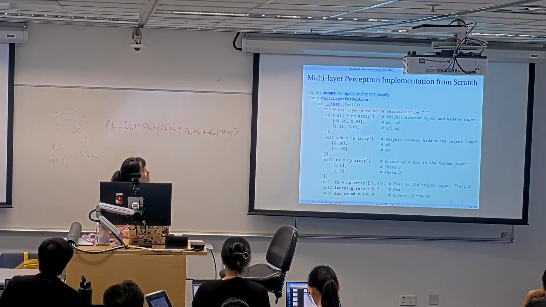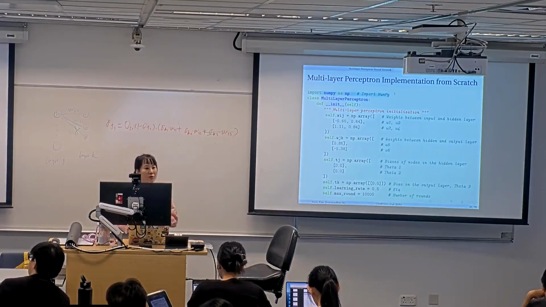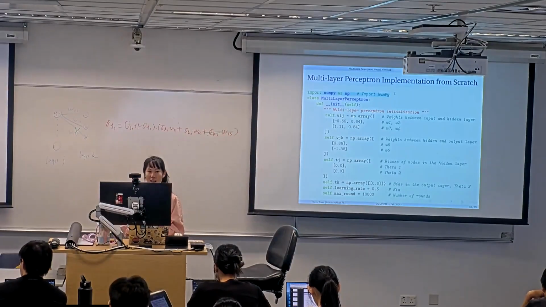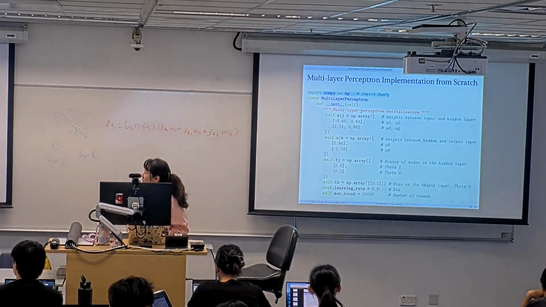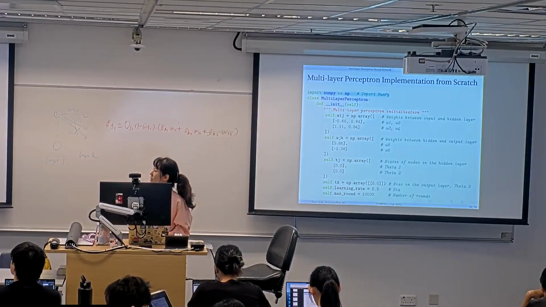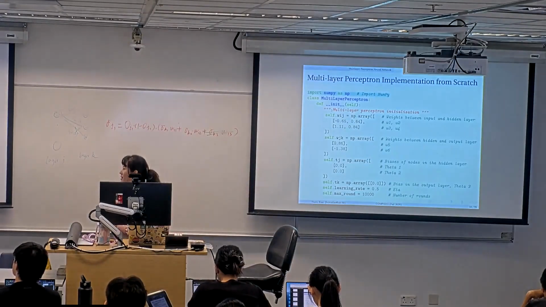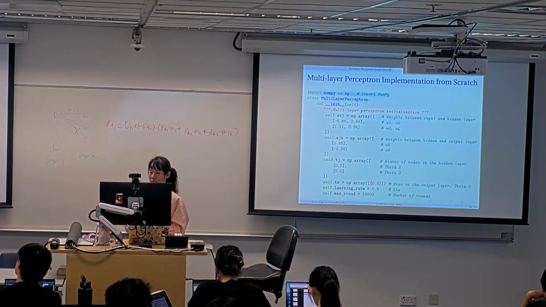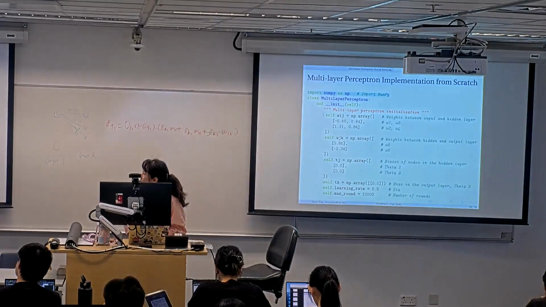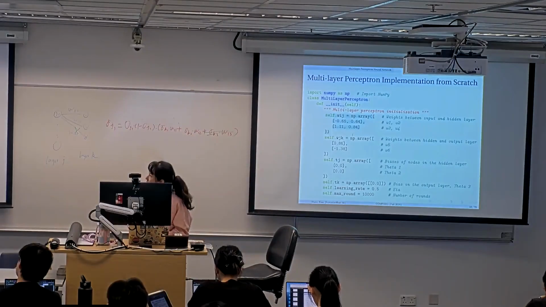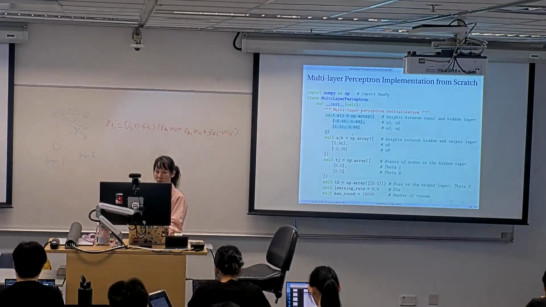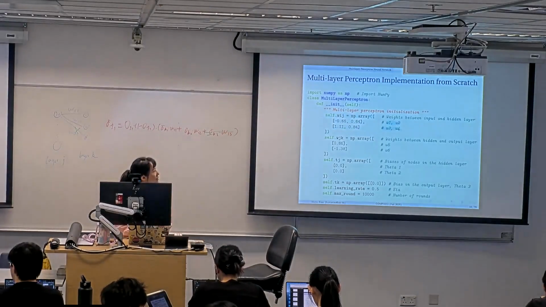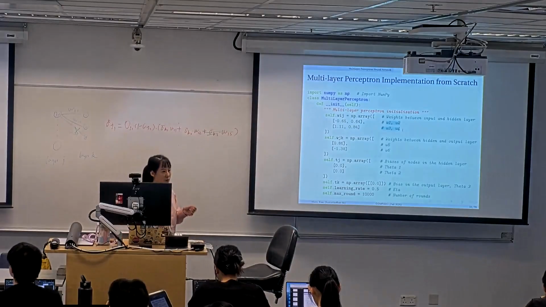We import NumPy. We only import this library because we want to implement from scratch. And then we have our constructor, init. In the init, we will initialize all of our parameters and also the learning rate as well as the maximum iterations. So self.wij, we initialize it to be a 2D array which stores these 4 weight parameters, W1, W2, W3, and W4.